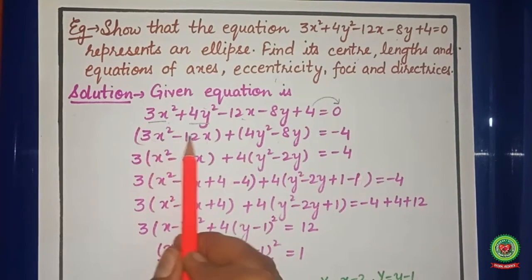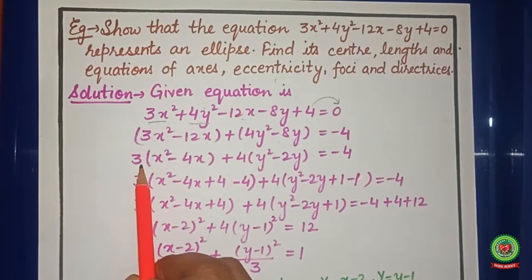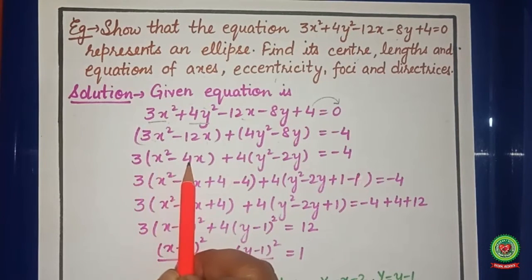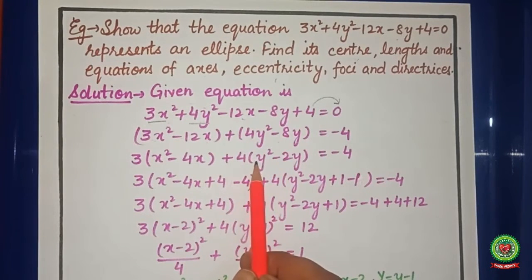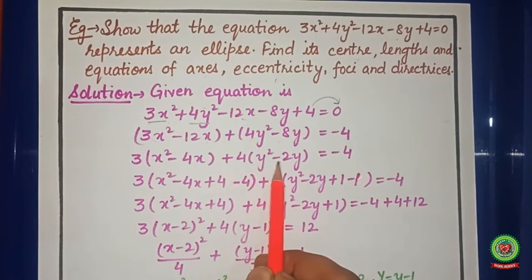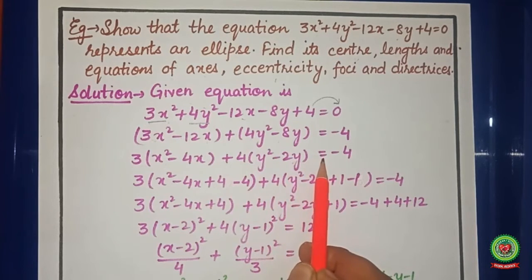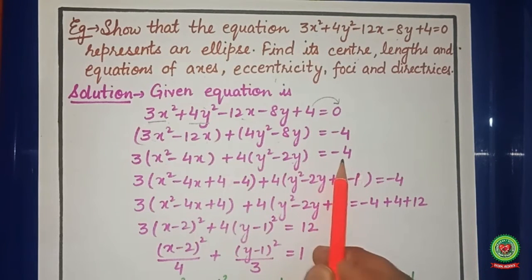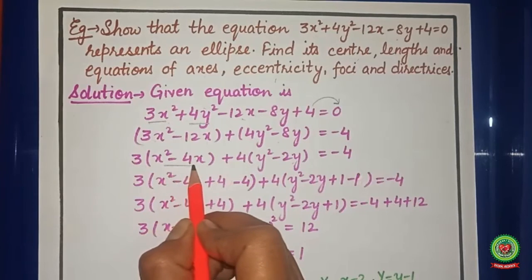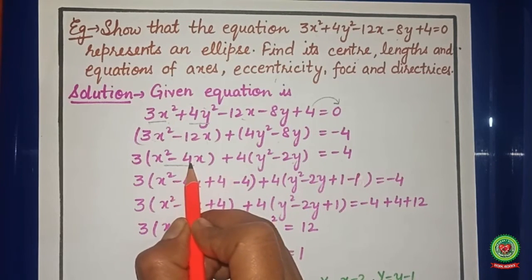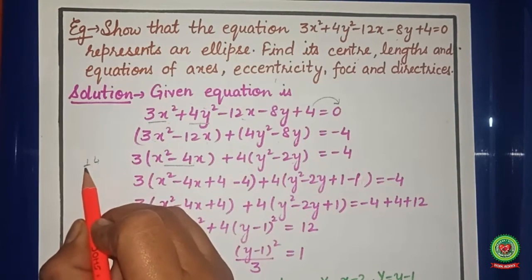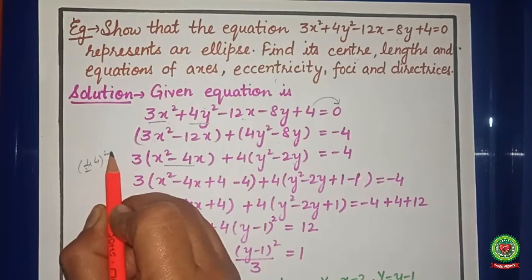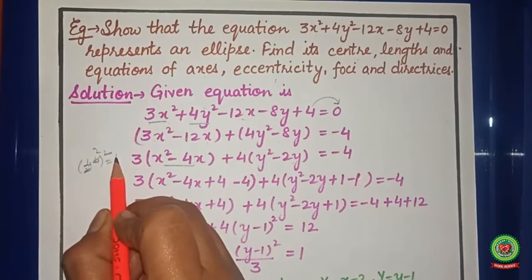Now from the first two terms we can see that 3 is a common factor. So 3 into x square minus 4x, plus here 4 is common, so 4 into y square minus 2y is equal to minus 4. Now for completing the square, we will add the square of half of the coefficient of x. The coefficient of x is 4. When you halve it and square, it becomes 4.